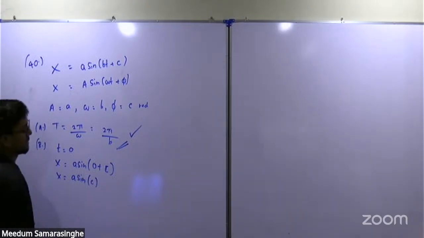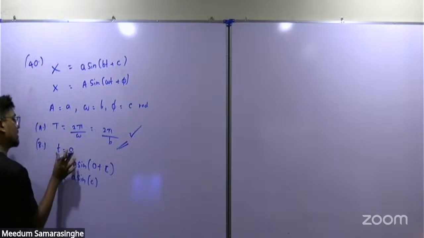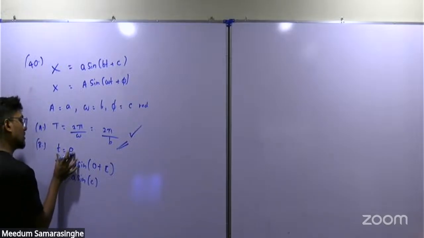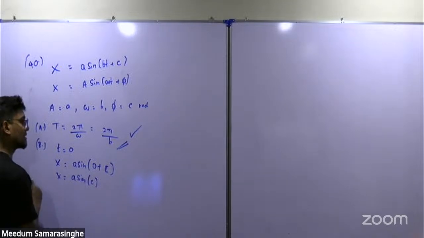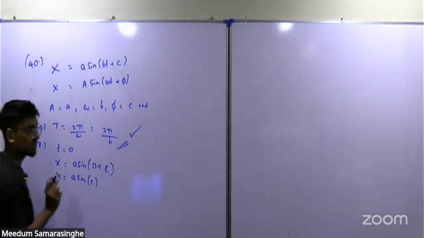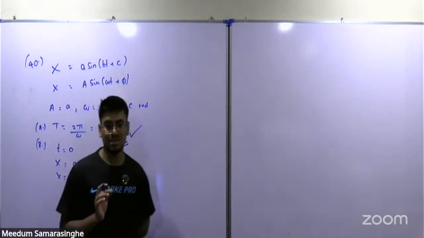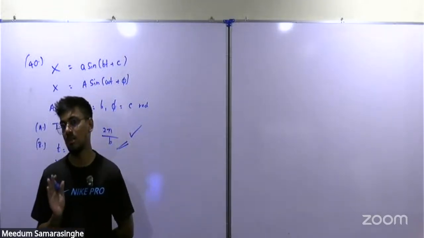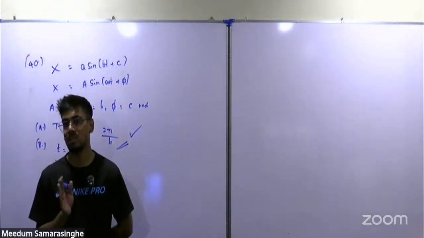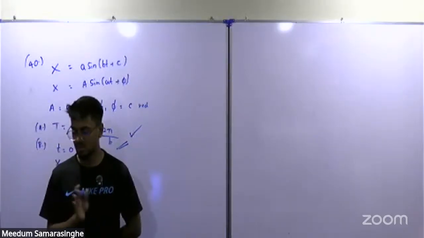Now, they have given that when time equals 0, the velocity of the particle is maximum. At which point is the velocity of a particle oscillating in simple harmonic motion maximum?